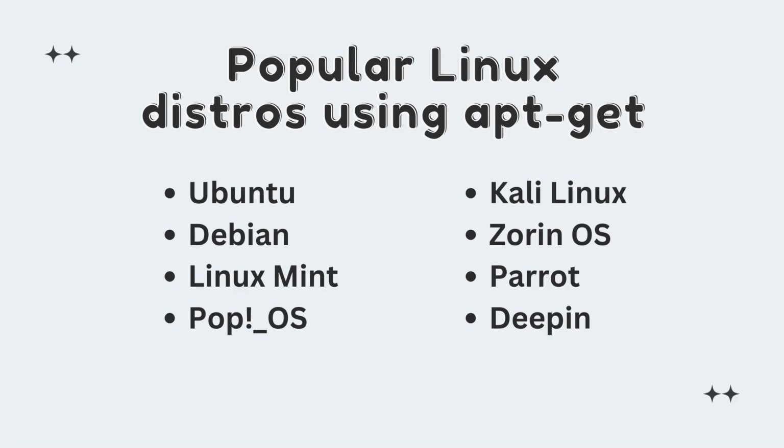I have already covered Ubuntu, but you can follow the same sequence of steps on these distributions. It includes Debian, Linux Mint, Pop OS, Kali Linux, Zorin OS, Parrot, and Deepin. Now let's head to the terminal screen and perform these steps one by one.